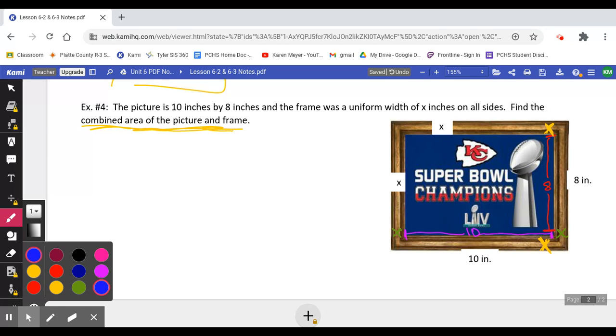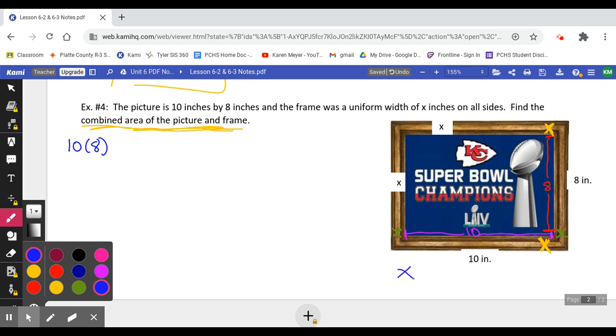Okay, so it says find the combined area of the picture and the frame. So right now, if I did just the picture, the blue part, the picture itself would be 10 times 8. Now if we did the picture with the frame included, I know the picture is 10 inches across the bottom, plus I have an x on each side.